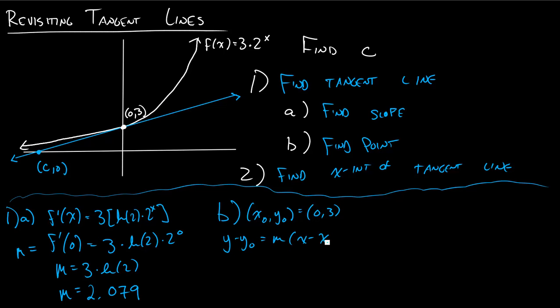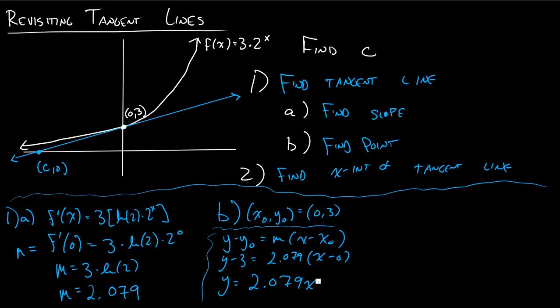This is how we find the equation of a line. So we will just plug in all the values we know. So y minus 3 equals 2.079 times x minus 0. So we'll get y equals 2.079 x plus 3.